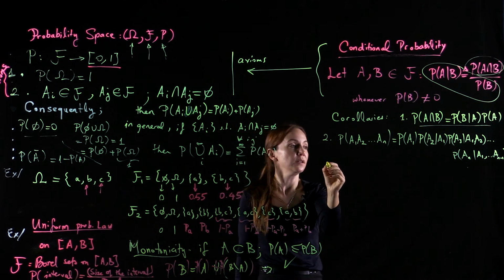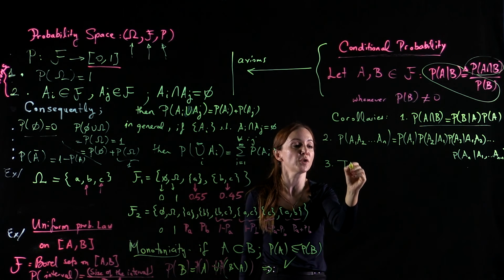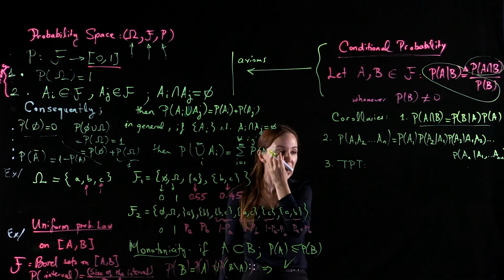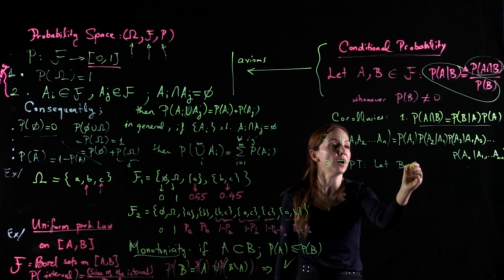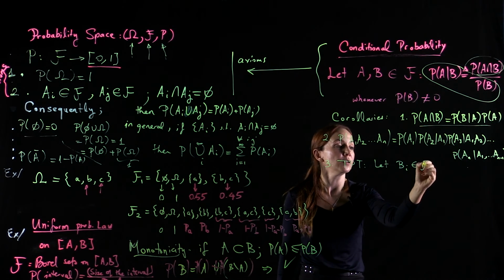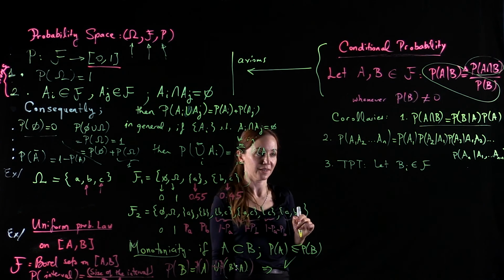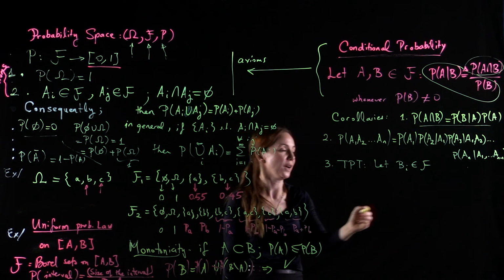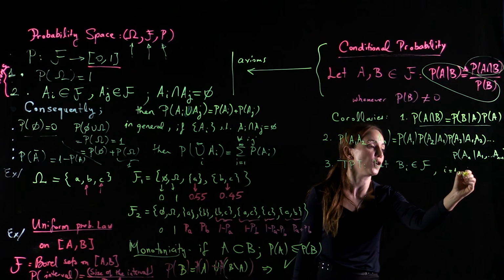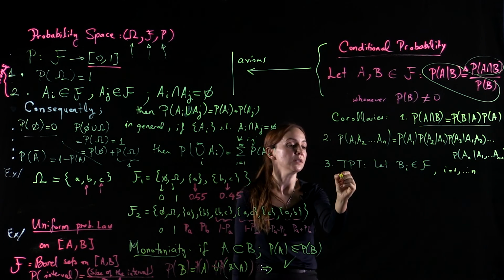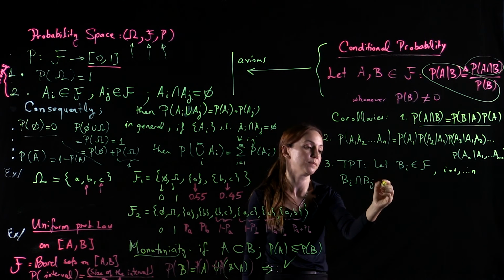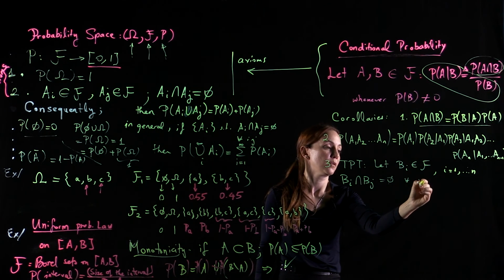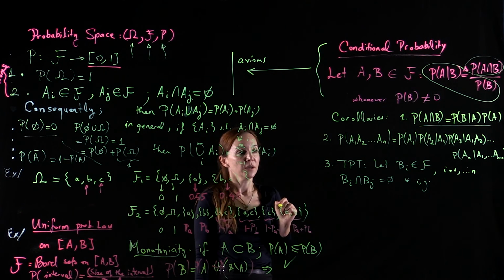So now an important thing is the total probability theorem. Let a sequence of sets Bi be all defined on the sigma algebra F, say i from 1 to n, such that these sets are all disjoint.